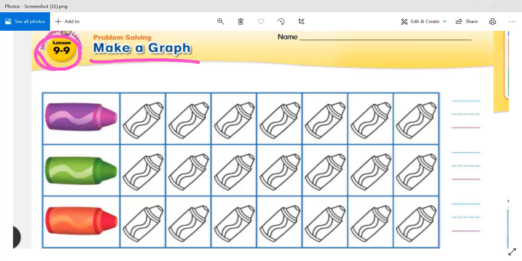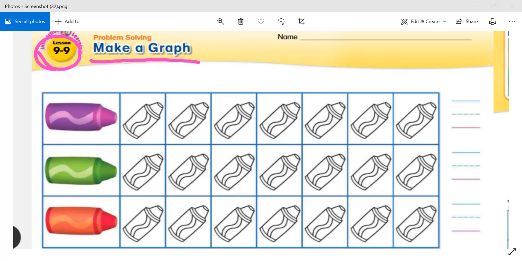So we have a purple crayon, a green crayon, and a red crayon here. If we want to find out how many students in our class like each color and which one is the favorite, we can ask and then fill in the number of crayons. If I was to ask you, do you like purple, green, or red?